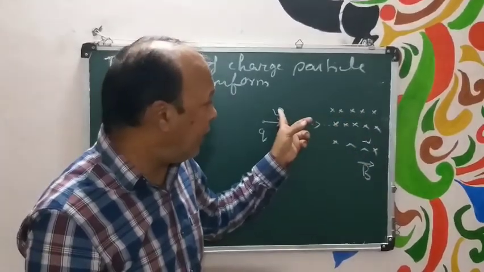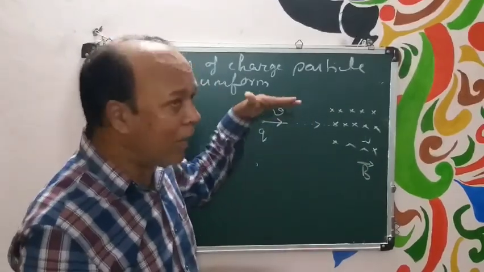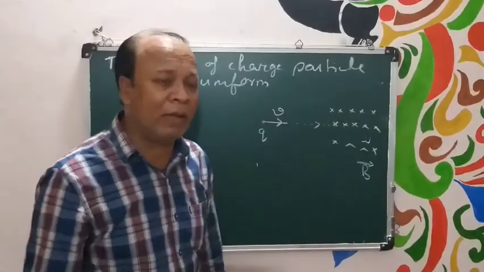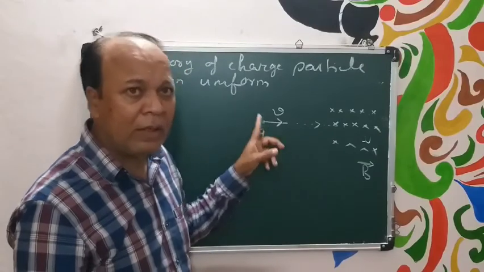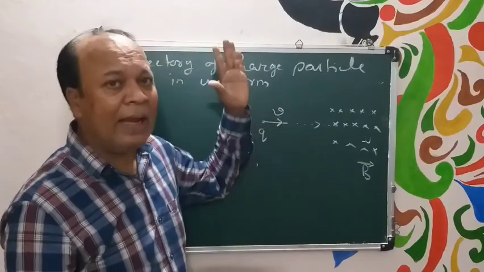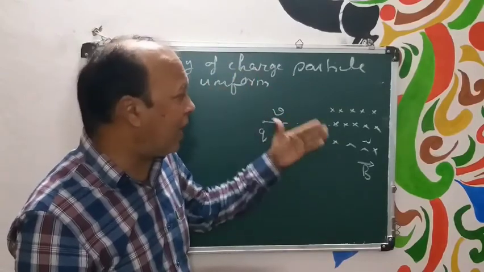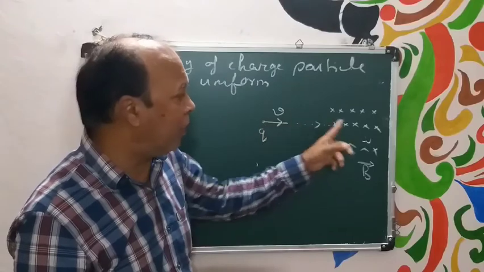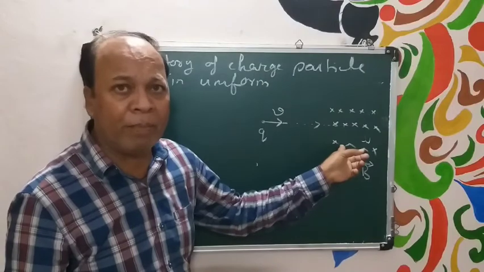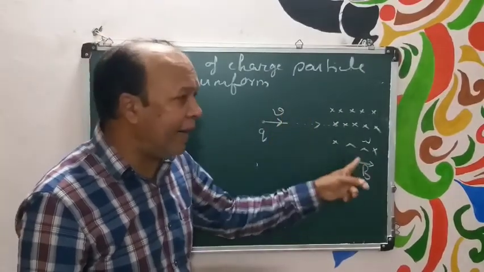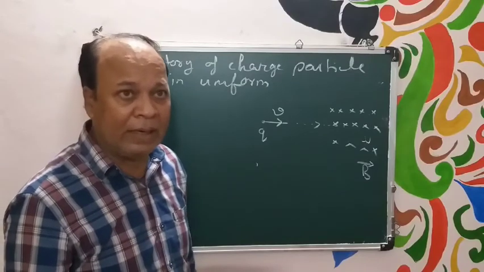So obviously the direction of V should be perpendicular to B only. ये clear हुआ? I have taken Q positive charge moving with V velocity in the plane of the paper, and the magnetic field is oriented normal to the plane of the paper. So now V and B should be perpendicular to each other. Is that clear?